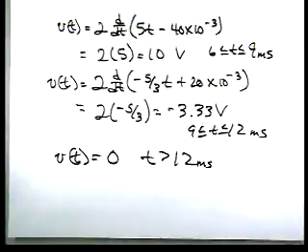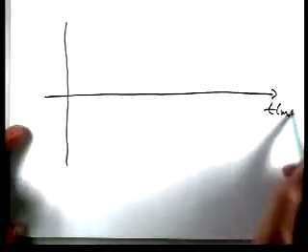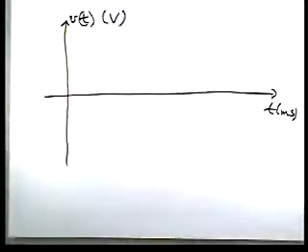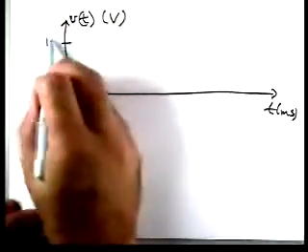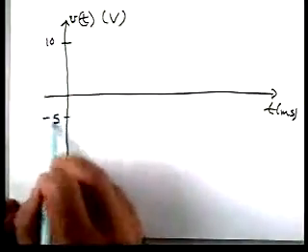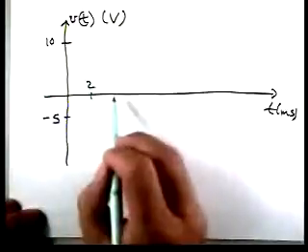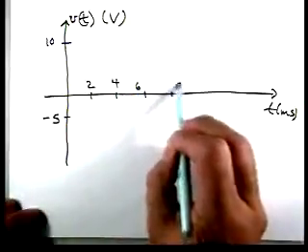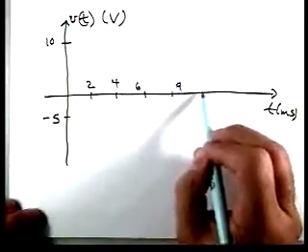So now we can sketch that. We've got it over our different intervals, so let's sketch the inductor voltage. We have 10, minus 5, and then 2, 4, 6, 9, and then 12.